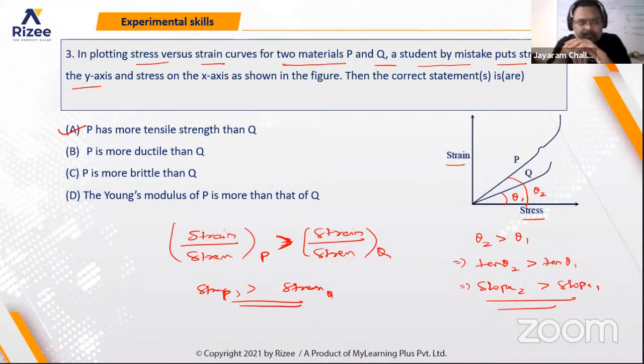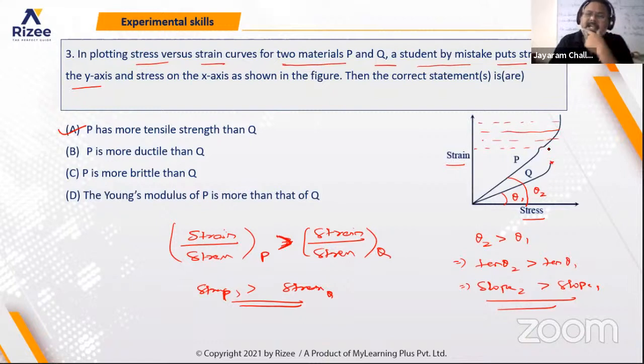Since the stress is more, ductile means the yielding will be more. Here you can see in the graph that there is an abruptly ending value for the strain of Q, but for the other, the strain is gradually increasing.